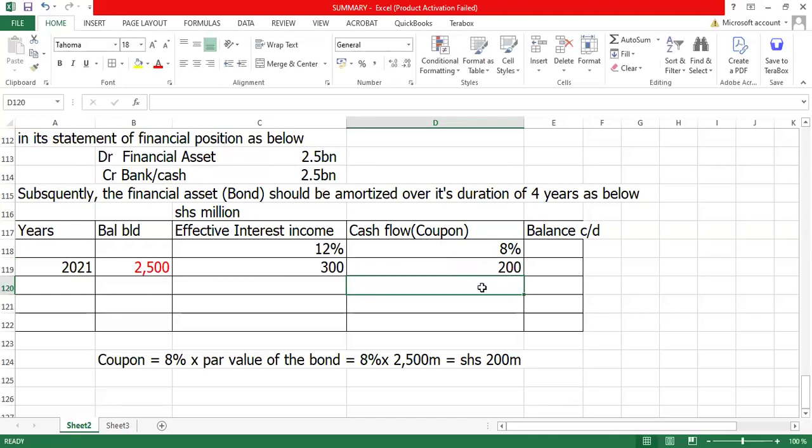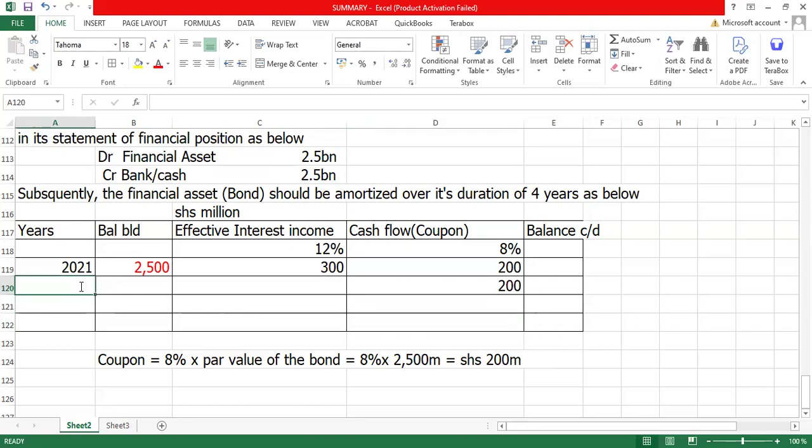This one will remain the same because this is per annum. It will remain the same up to the maturity period. But at the maturity period, you get the cash flow, plus the principal, plus here at the maturity period.